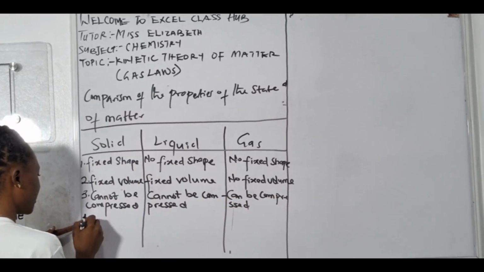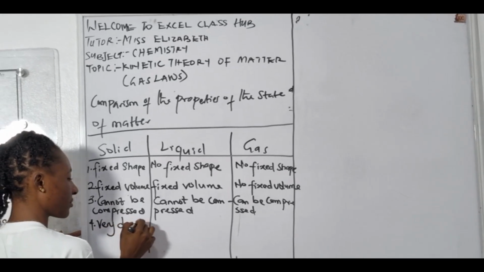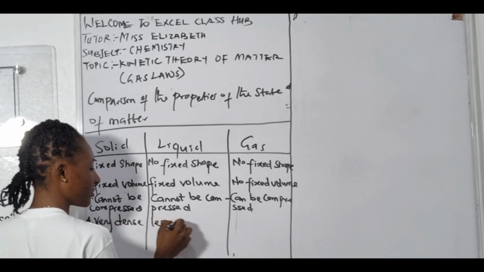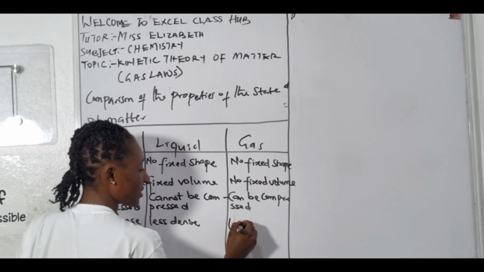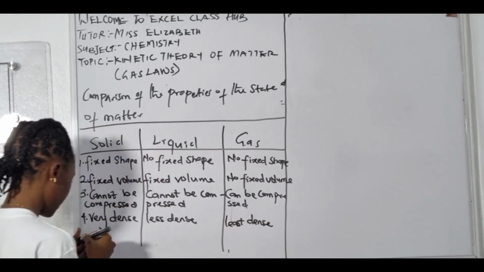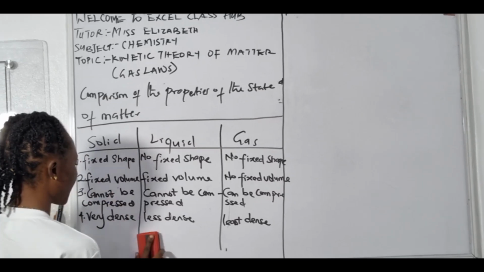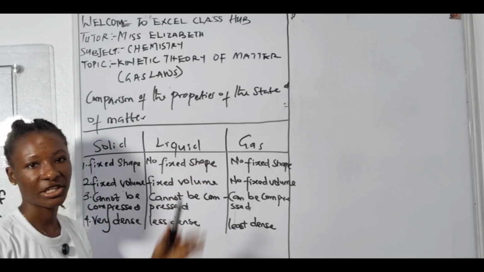The fourth one: solids are very dense, liquids are less dense, and for gas molecules, they are least dense. So these are the four main differences between solid, liquid, and the gaseous states.